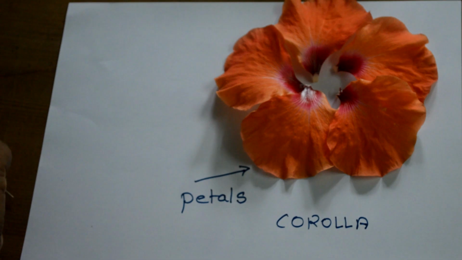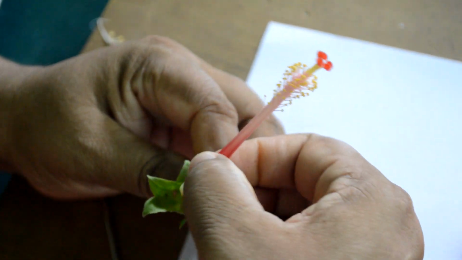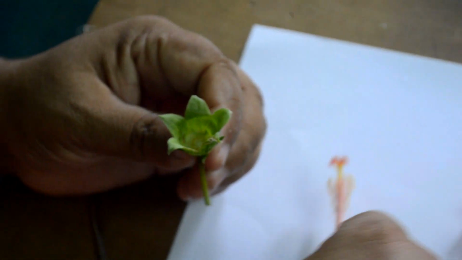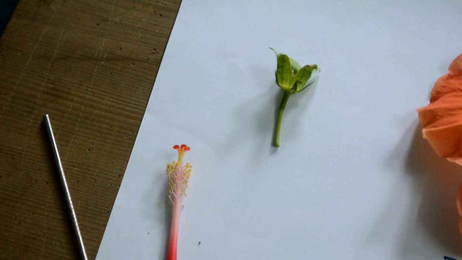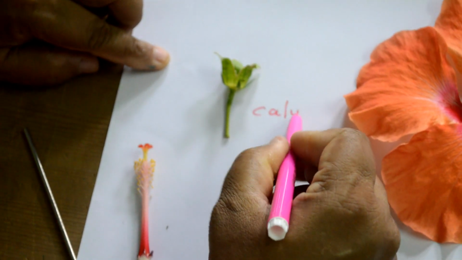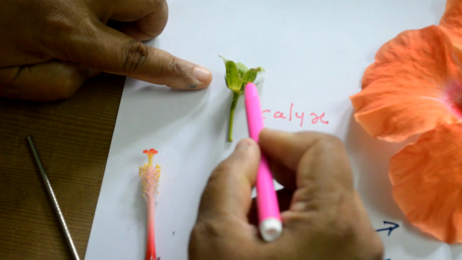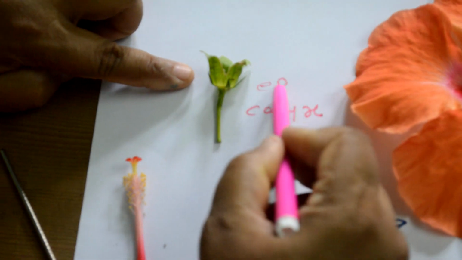Now remove the androecium and gynoecium. This is the calyx. And this smaller portion are known as epicalyx.